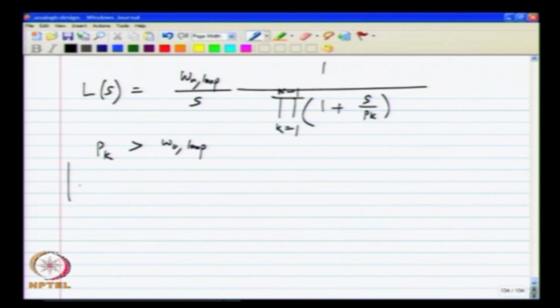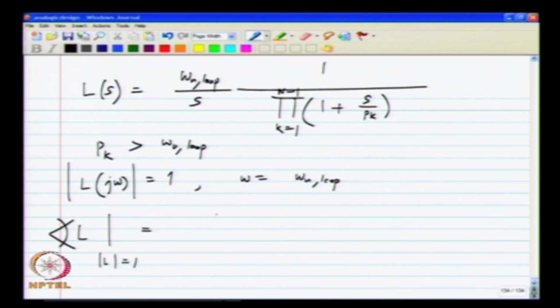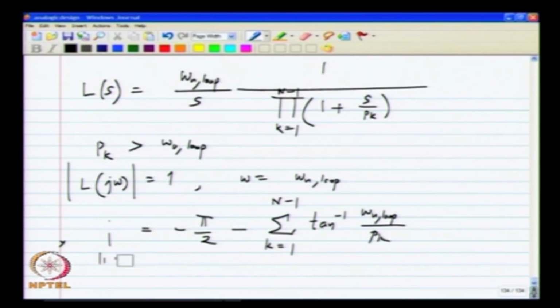This means that the magnitude of L is 1 for omega equals omega u loop, and the phase angle of this when the magnitude is 1 is given by minus pi by 2 due to the integration and minus the summation of tan inverse of omega u loop by p k, for k being 1 to n minus 1, and the phase margin is pi plus this.